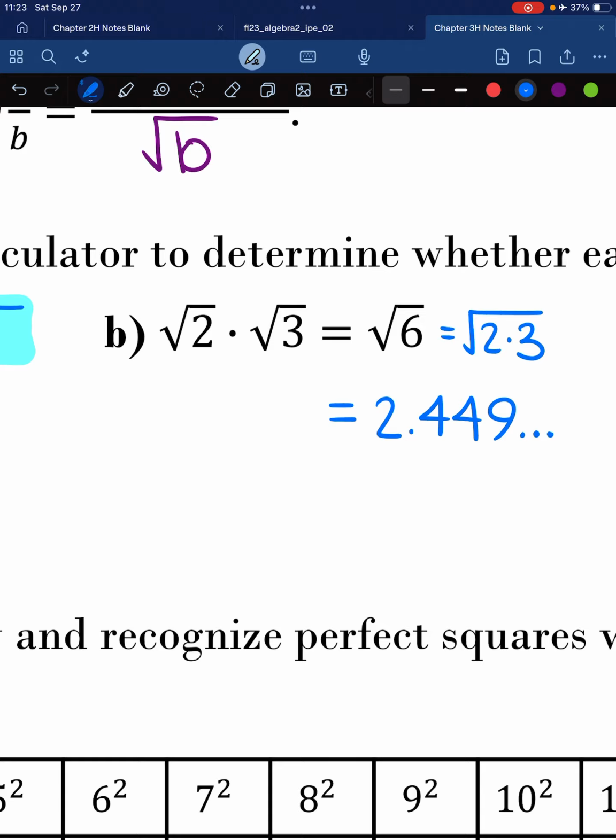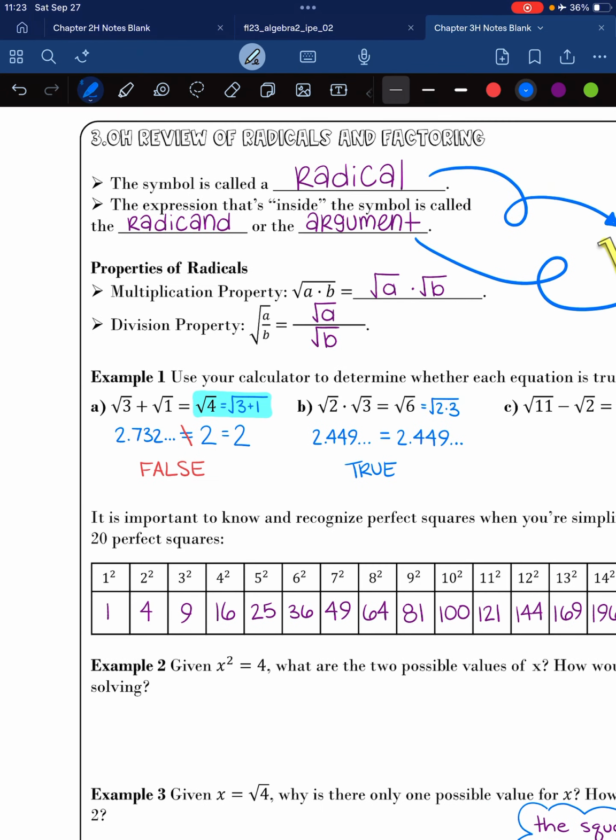Type that into your calculator, square root 2 times square root 3. Again, you get 2.449, and not just those first 3 digits. The whole irrational decimal is exactly the same for both of these. So this property is absolutely true, which I hope it is, because I told you it was true in the property of radicals.